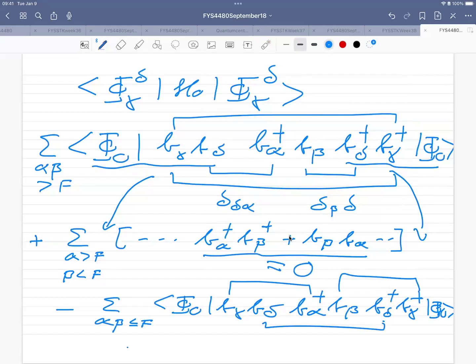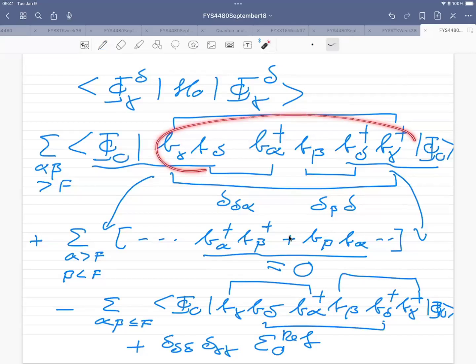And then the final term is actually just going to be given by a delta delta, a delta gamma gamma, multiplied with this reference energy, which is just a constant. So this is going to pick out specific hole states in this specific case. And this term here, we are going to set everything up after the break. This is now going to pick out specific particle states. So the gammas have to match each other.